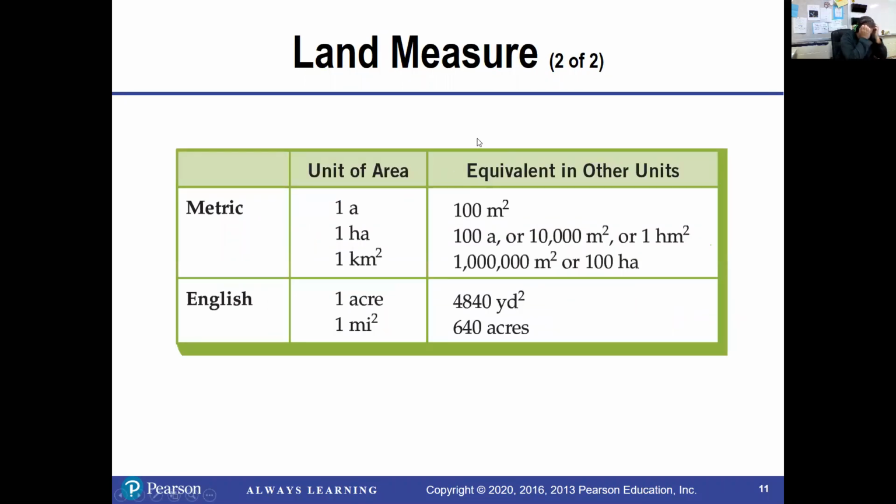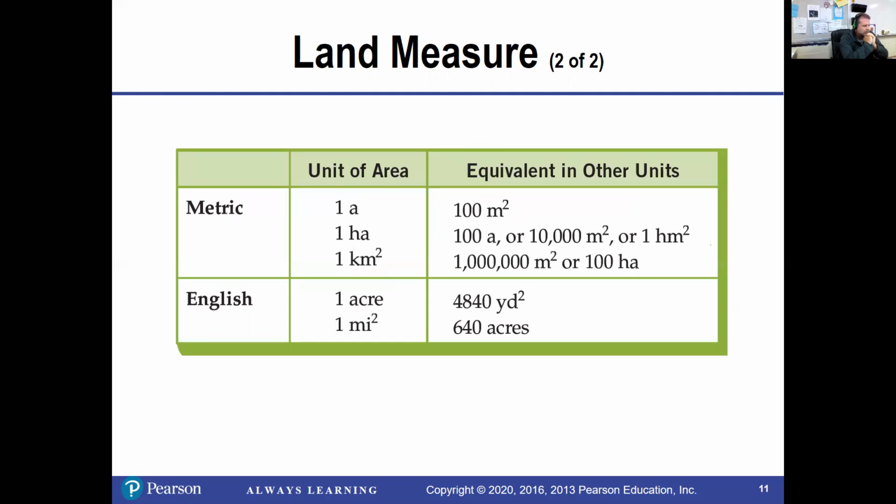Okay, so some of the things they have, an aire is 100 meters squared. That's 100 meters by 100 meters. A hectare is 100 aires by 100 aires, which is 10,000 meters squared.